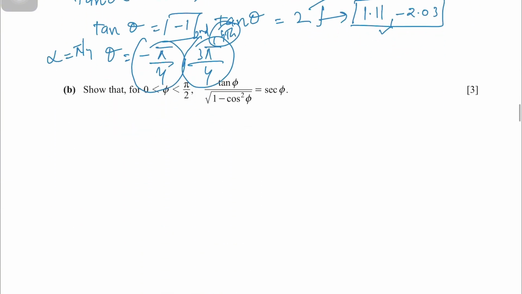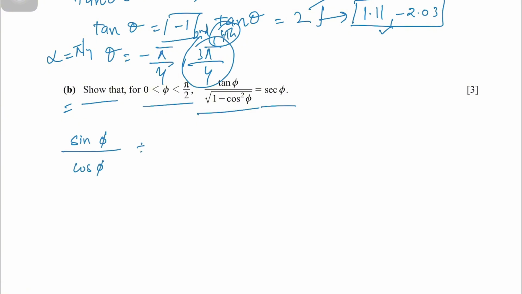Now moving on, we have our part B as show that phi lies in between 0 and pi by 2 when this is solved. So tan phi can be written as sin phi over cos phi, which is divided by 1 minus cos phi can be written as sin squared phi, since it's an identity.